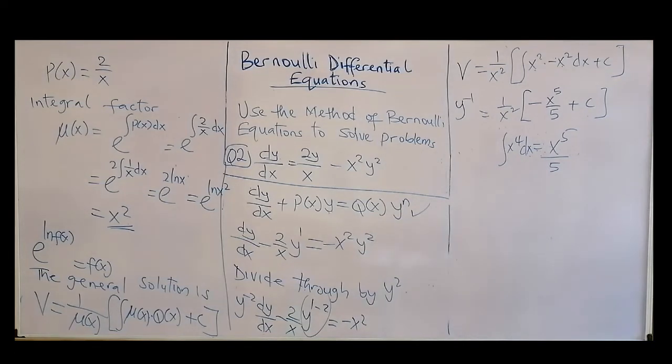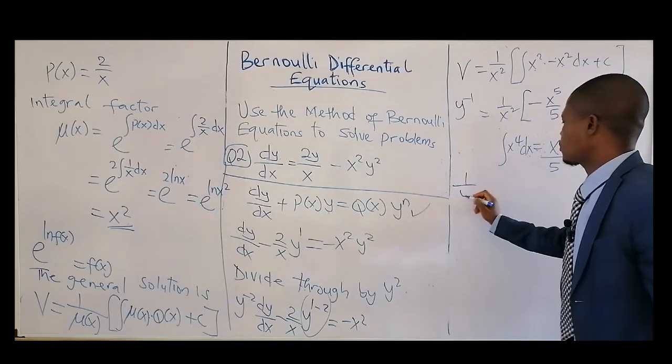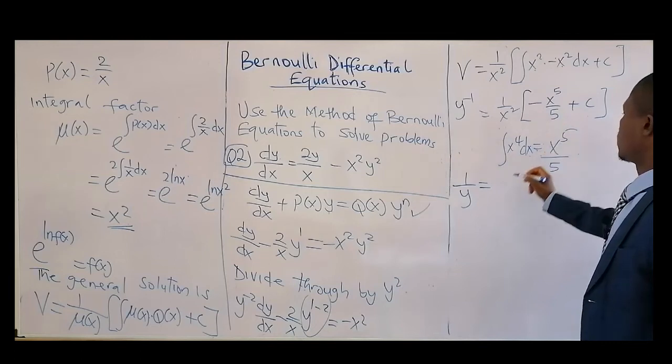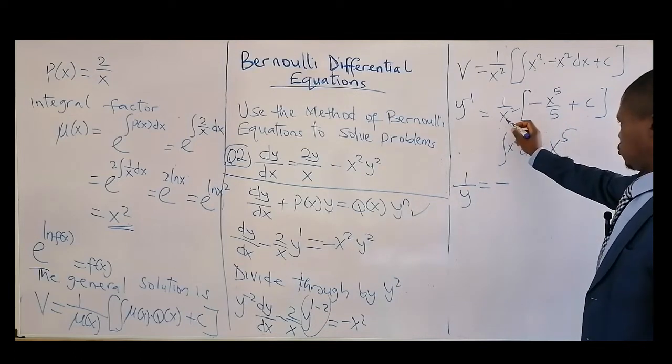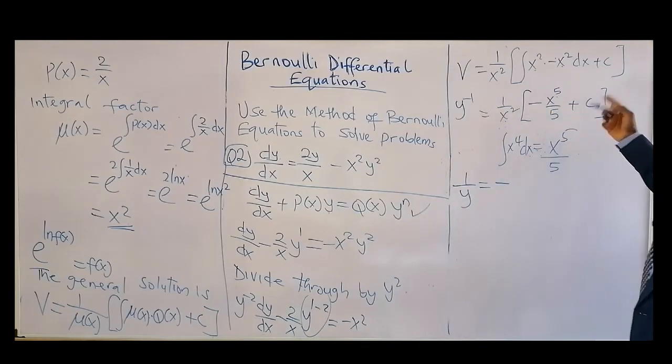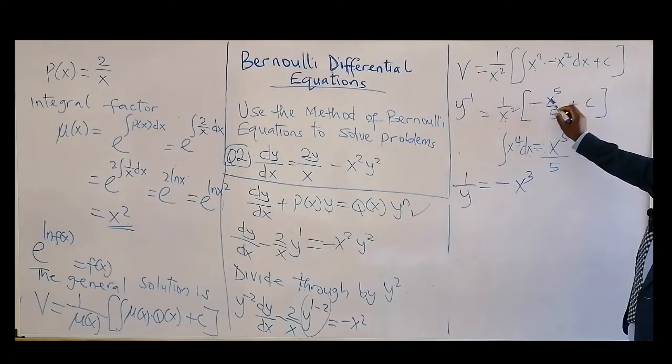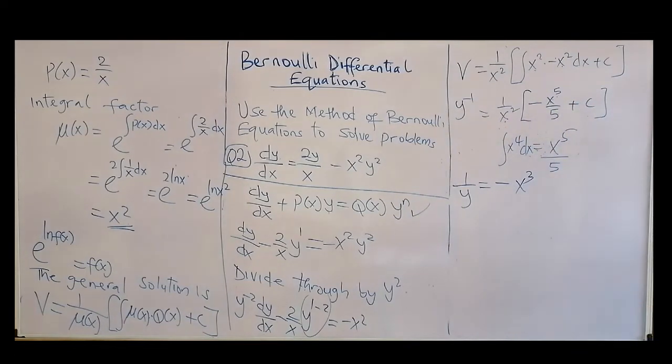So you just need to do a little algebra and finish the work. This one is 1 over y equal to, can you open the bracket? If you open the bracket, you have minus, this is 2, this is 5. Use indices division, that will be x to the power 3, since they have the same base and you are dividing, you take one of the bases and subtract the power. So 5 minus 2, that will be 3.